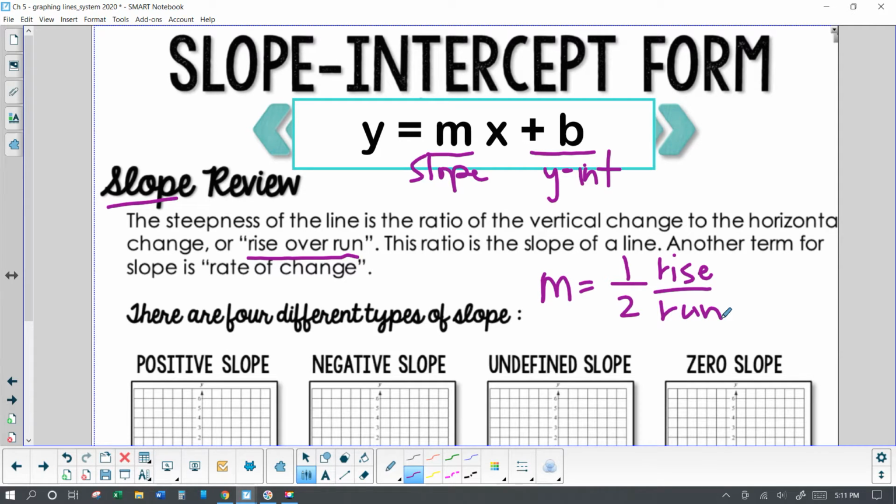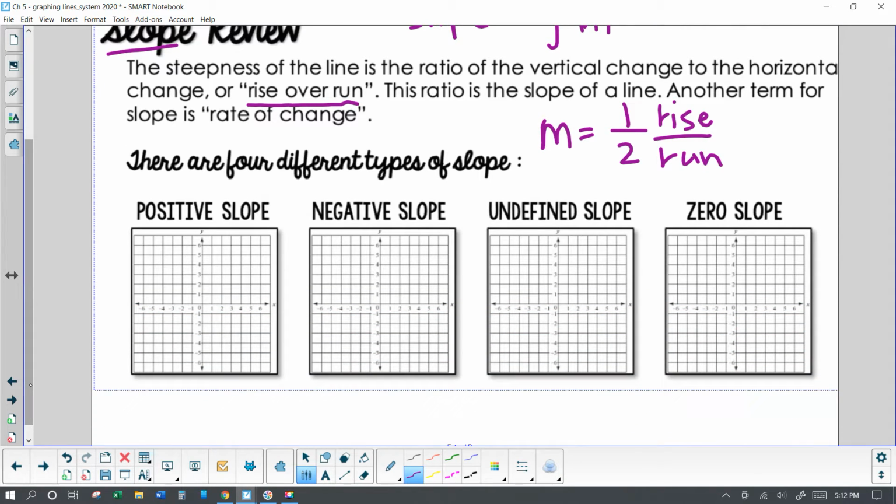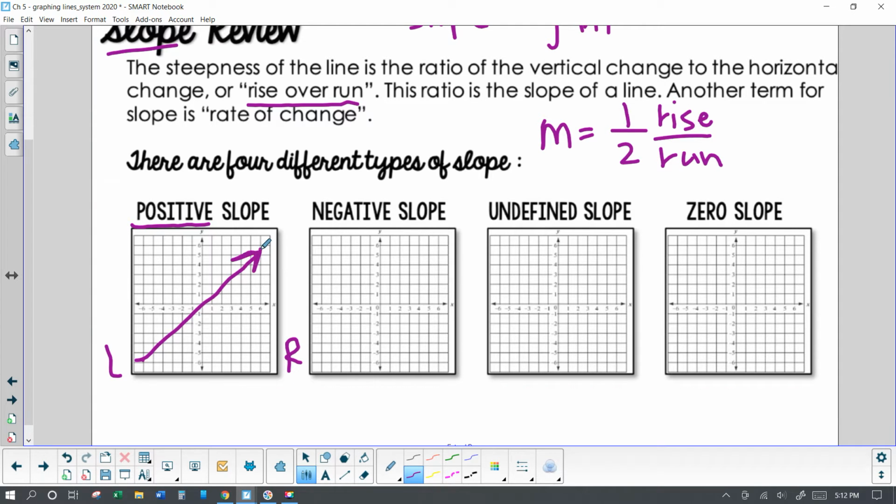If my slope is a positive number like 1/2, I will get a positive slope, and a positive slope from the left side of my graph to the right side is going to be a line going up.